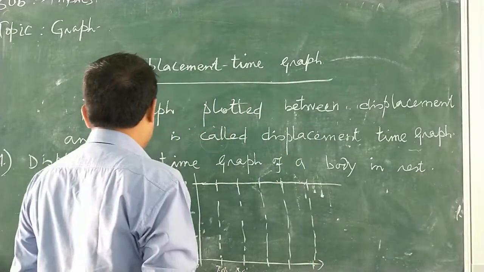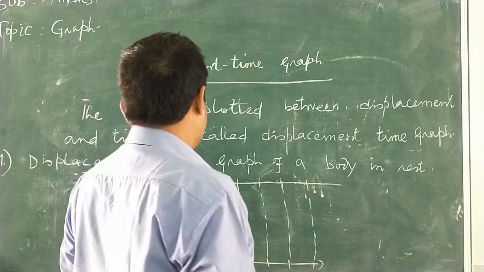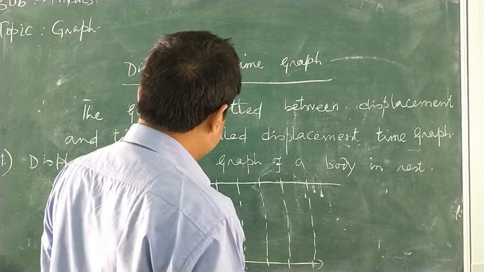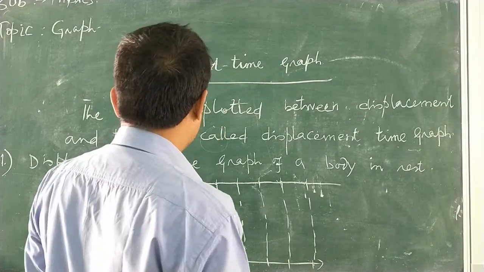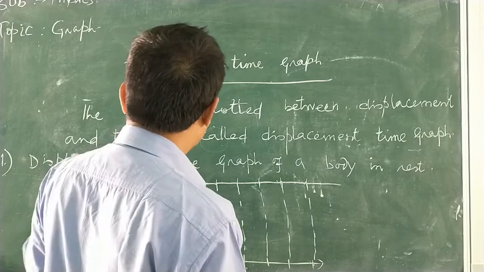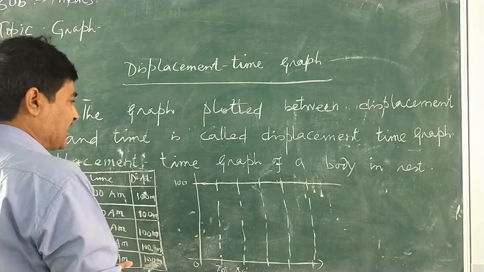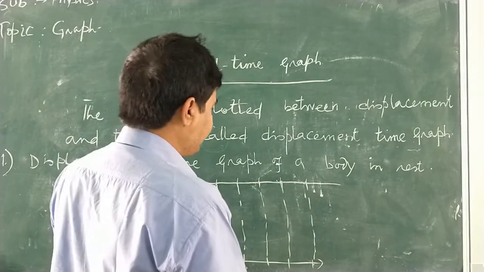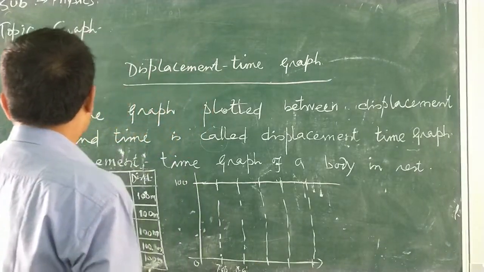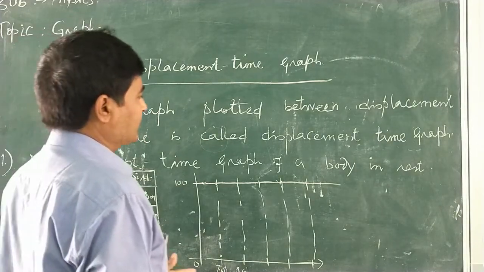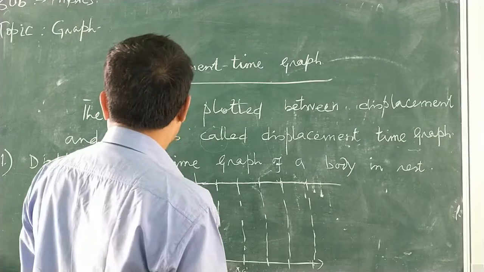If we have a graph in which there is a straight line parallel to time axis, and the graph is plotted between displacement and time, then it is clear from the graph that the body is in rest. Two questions form here. What is the nature of displacement time graph of a body in rest?